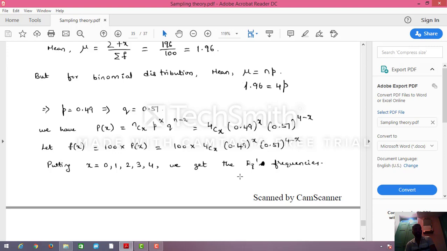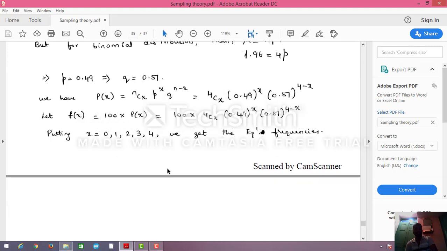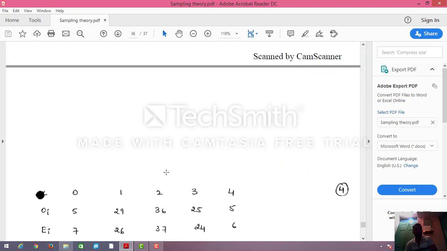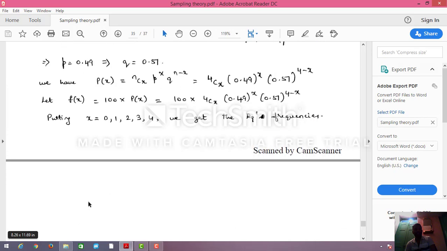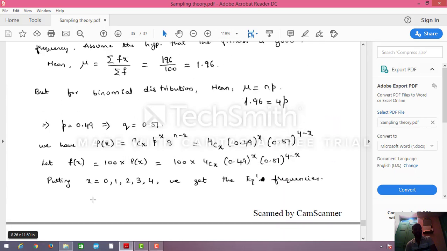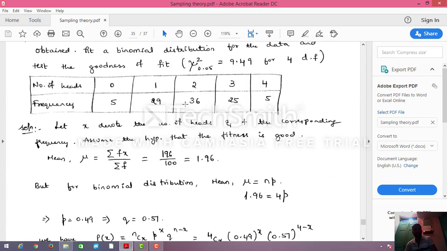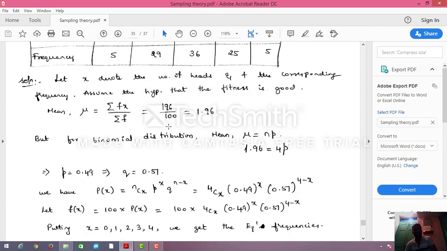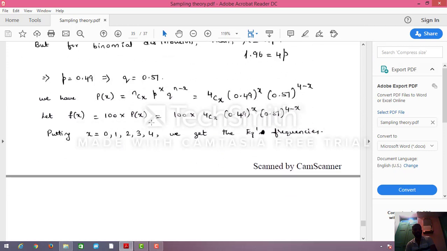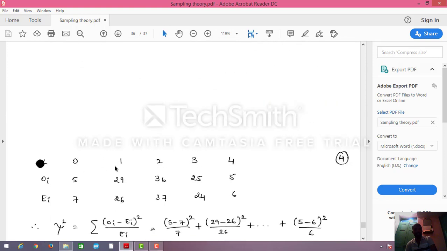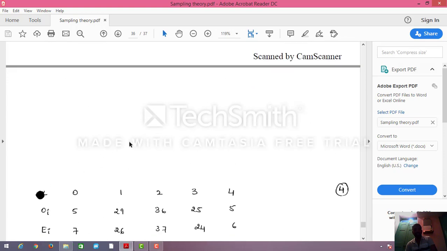We get the frequencies. See here, the already observed frequencies are given: 5, 29, 36, 25, 5. We are finding the expected. If you give x equal to 0 here, you will get some value, that value is 7. If you give x equal to 1, you will get 26.